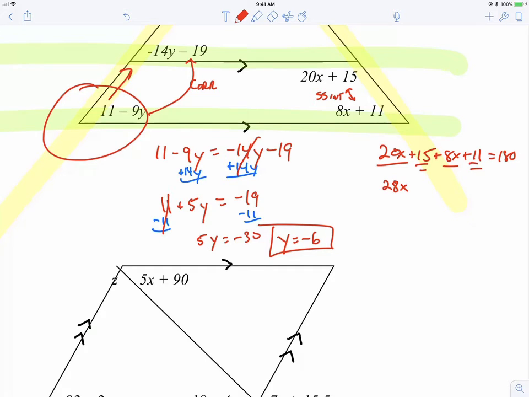I'm going to add the 15 and the 11. They're on the same side of the equal sign. So then I'm going to subtract 26 from both sides to start solving for x. So I'm going to get 28x equals 154. Then I'm going to divide both sides by 28. I'm going to get x equals 5.5.